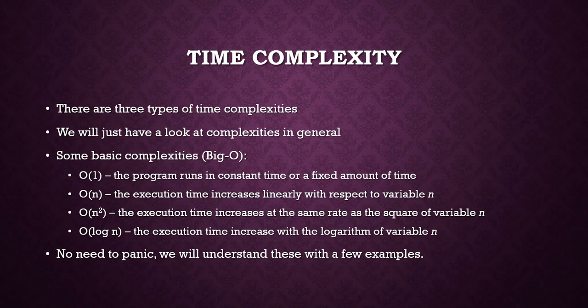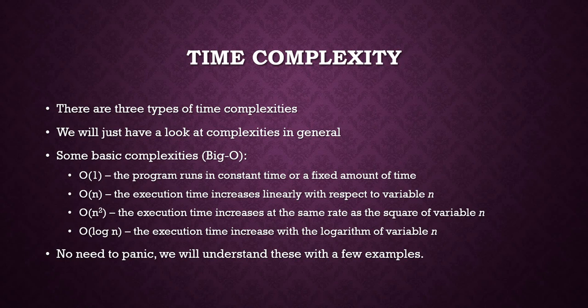O(n) means the program runs linearly with respect to the variable n. Understand that we are not working with space complexity, we are just looking at time complexity to understand how complexities work, just in general. So O(n) means the execution time increases linearly with respect to n.